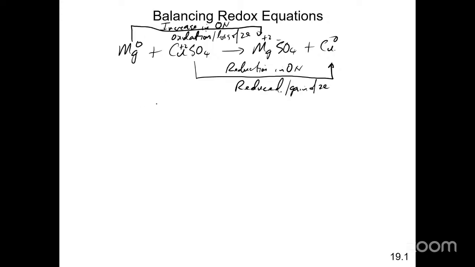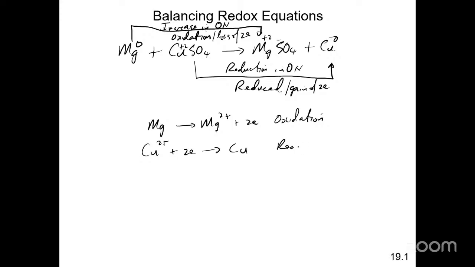So in fact, if we were to write down the net ionic equation for this reaction, we can write it this way: Mg to form Mg2+ plus 2 electrons, and then Cu2+ plus 2 electrons to form Cu, right? So basically, this would be your oxidation half equation, and this is going to be your reduction half equation.